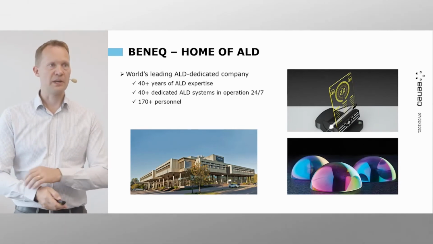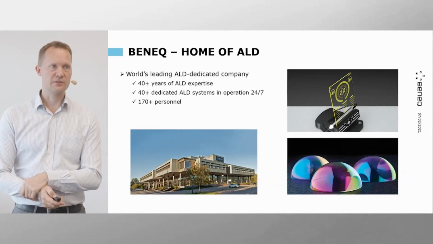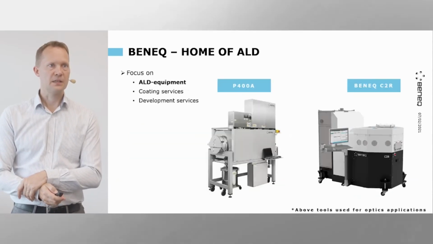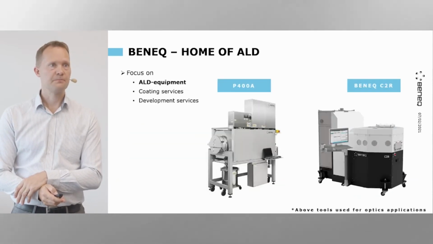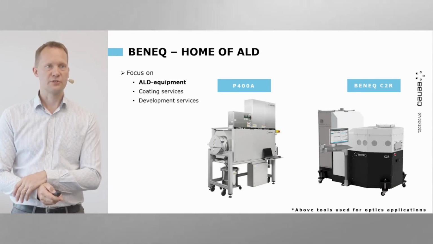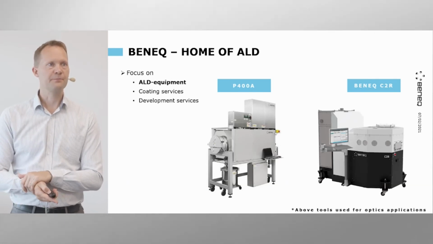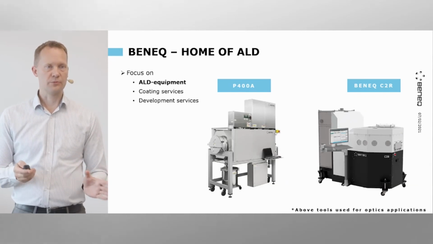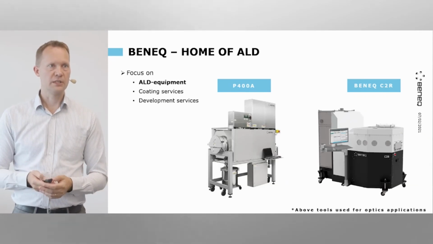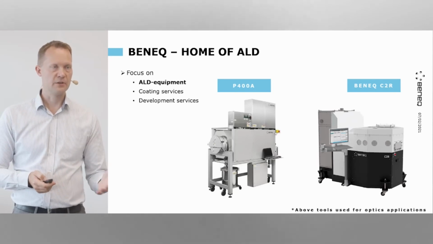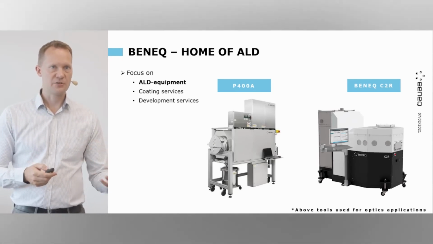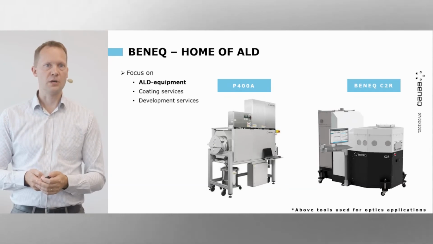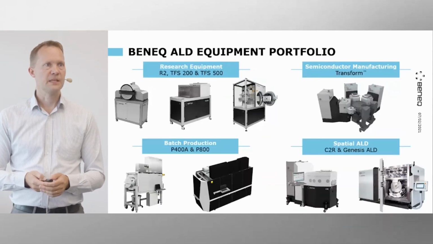Currently, our company has more than 170 people, and is growing very, very fast, thanks to the growing interest in our ALD. And these were the systems that we mostly talked about today. So the P400A, the thermal batch system, and then the C2R rotary plasma system.